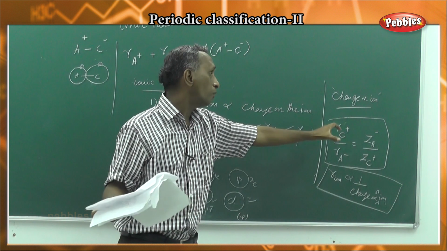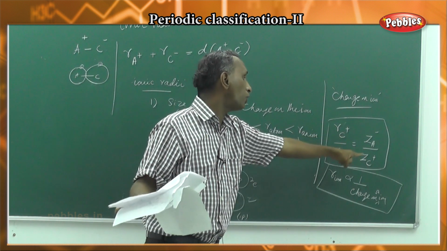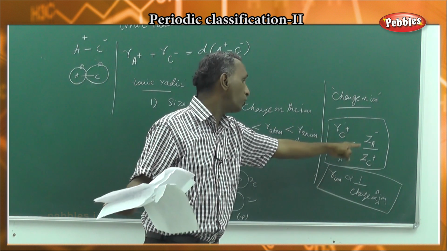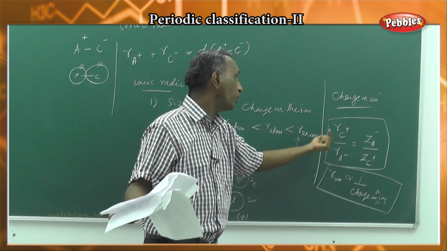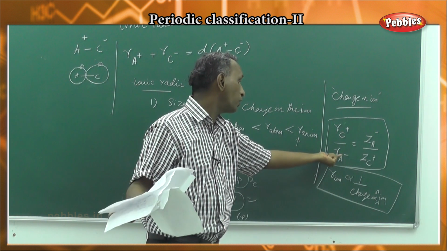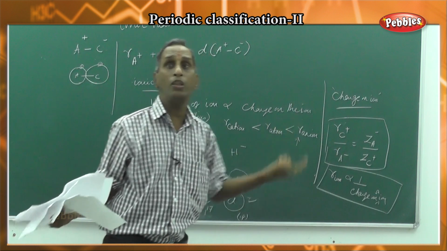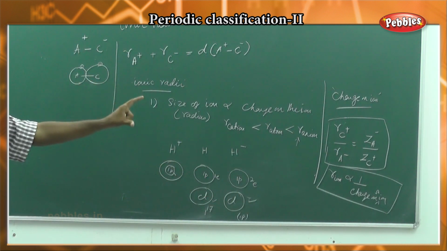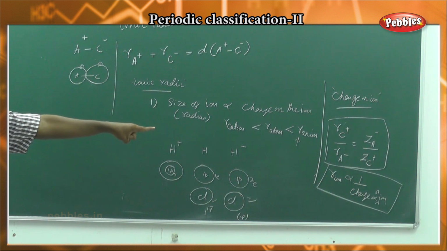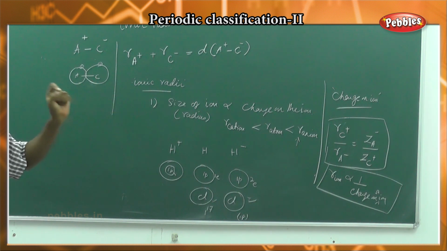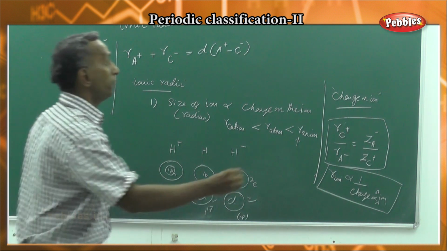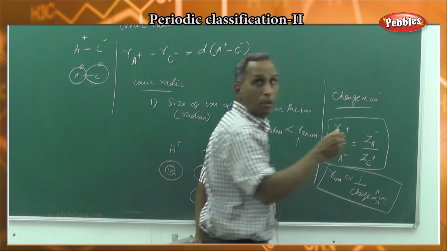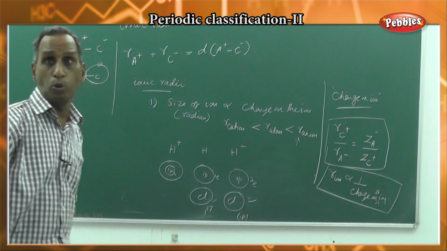So if the nuclear charge values are given, as well as the radius of one of the ions, the radius of the other ion can be calculated. In general, this point is to be noted. So qualitatively, the radius of an ion is inversely related to the charge on the ion. Lastly, next we will see what are called Slater rules.